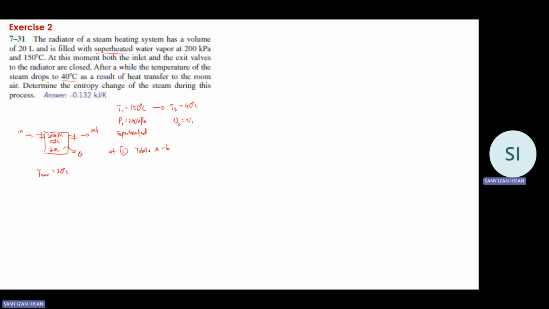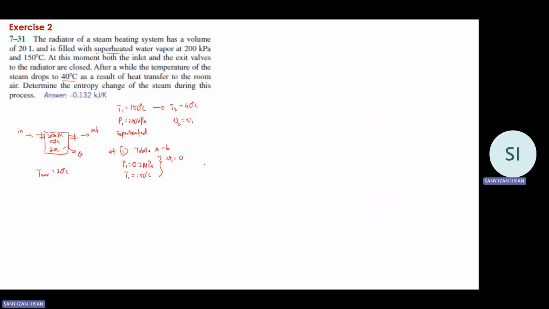So at 1, table A6, which is superheated. If you refer to the table, for P1 equals 0.2 megapascal, and T1 equals 150 degrees Celsius, you can see in the table V1, specific volume, is 0.95986 meter cube per kilogram.